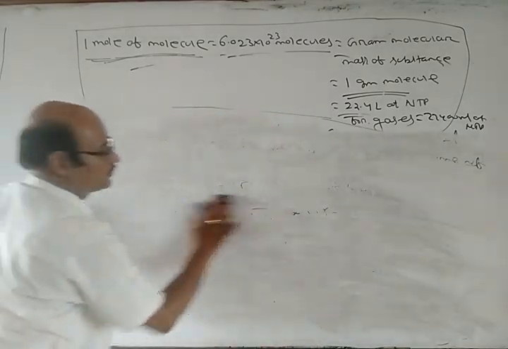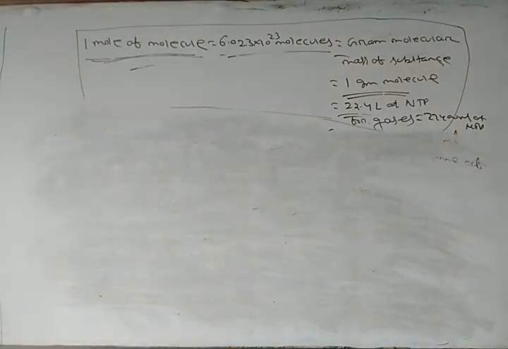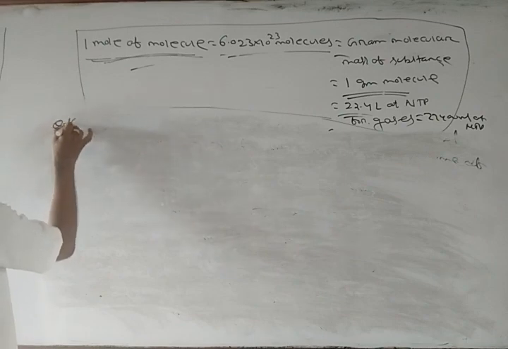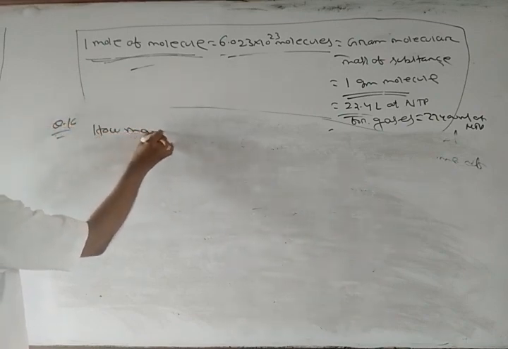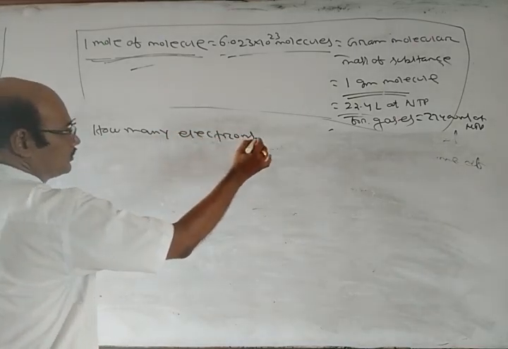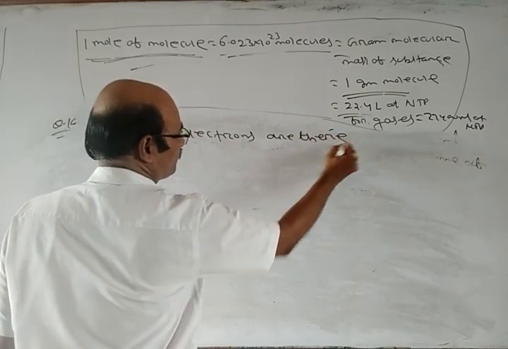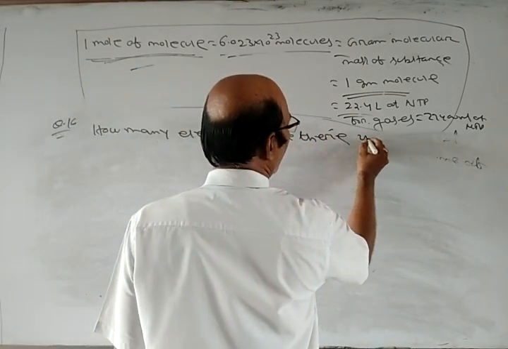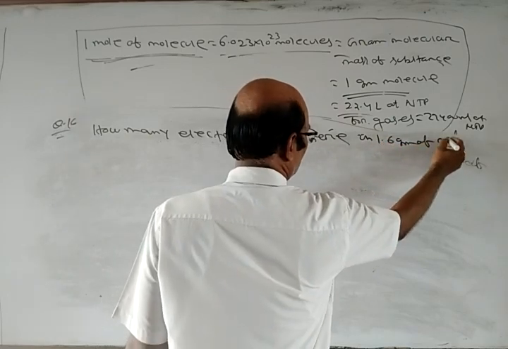See question number 16. How many electrons are there in 1.6 gram of methane?